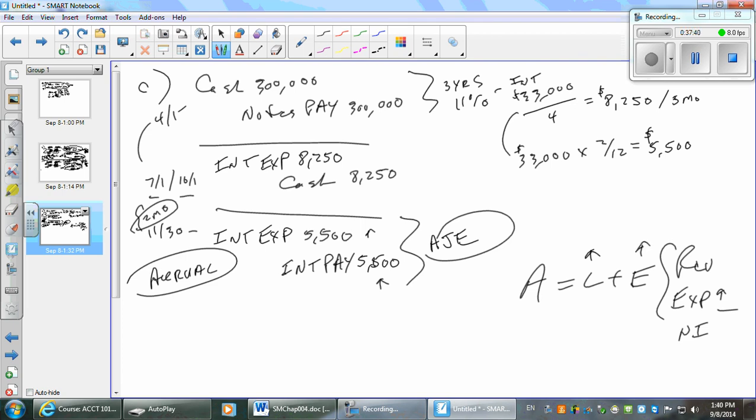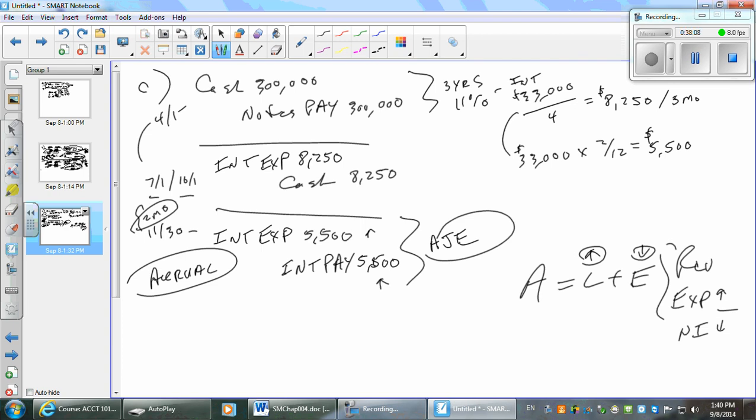Must have gone down, because liabilities going up plus equity going down has to total zero, since assets didn't change. So if expenses go up and revenues don't change, no revenue in the journal entry, what happens to net income? Goes down. We're there.